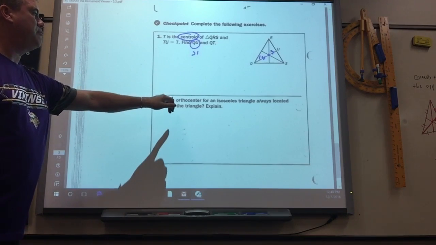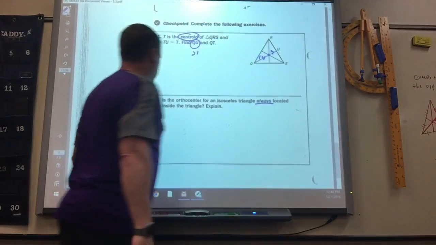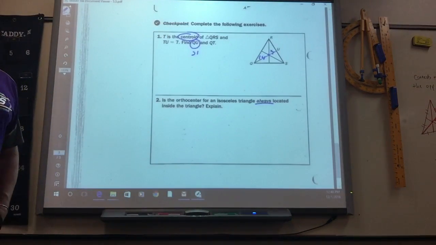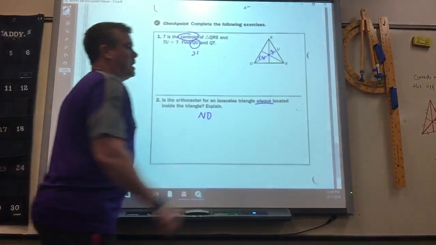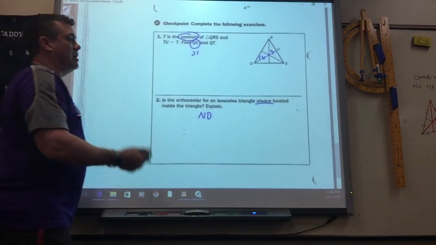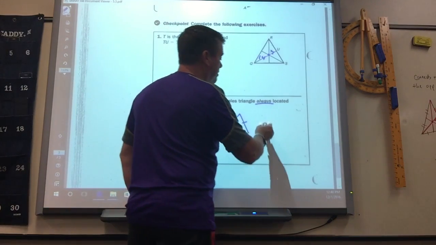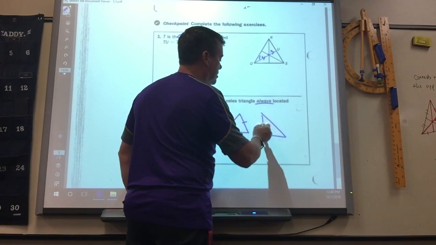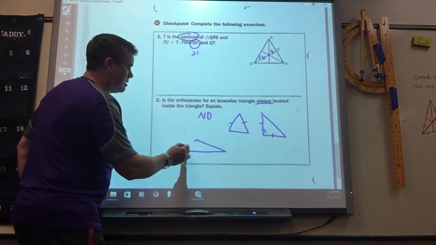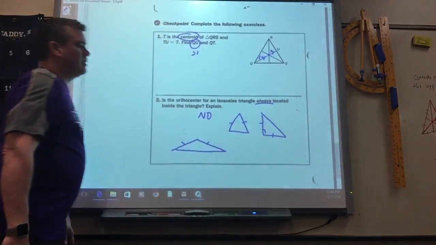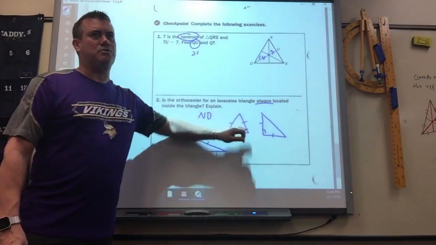Is the orthocenter for an isosceles triangle always located inside the triangle? No. Because you can have an isosceles acute triangle, you can have an isosceles right triangle, and you can have an isosceles obtuse triangle. So it's not always, the only time it is is when it's acute.